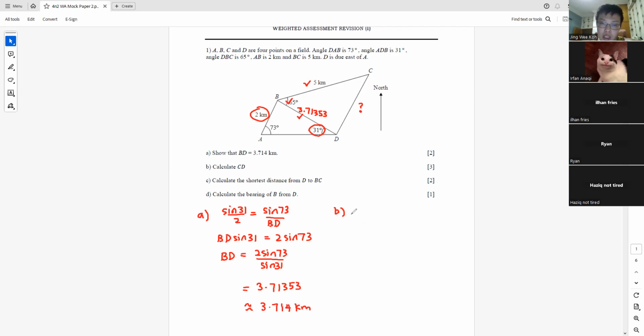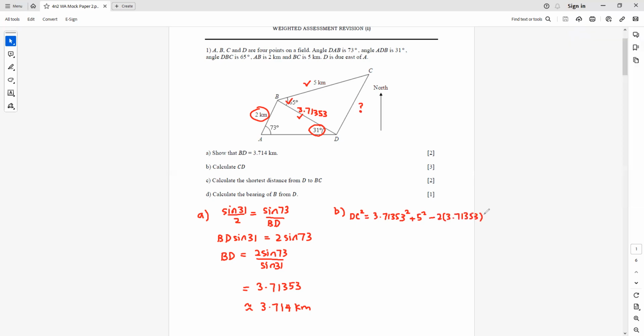So DC squared is equal to 3.71353 squared... Please do not use 3.714 because this is a working. Okay, the cosine rule formula is given to you, so you just apply it. Then cosine 65.